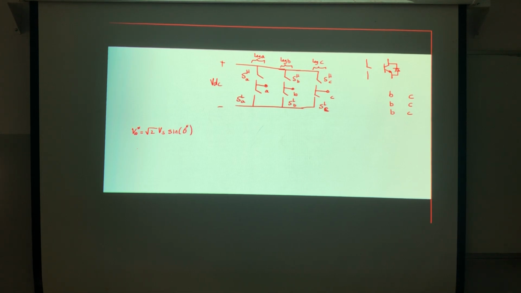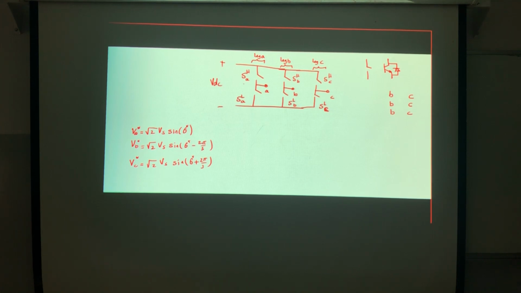And we have VB reference, which is shifted by 120 degrees according to the sequence. And VC reference, which equals square root of 2 VS sine theta star plus 2 pi over 3.